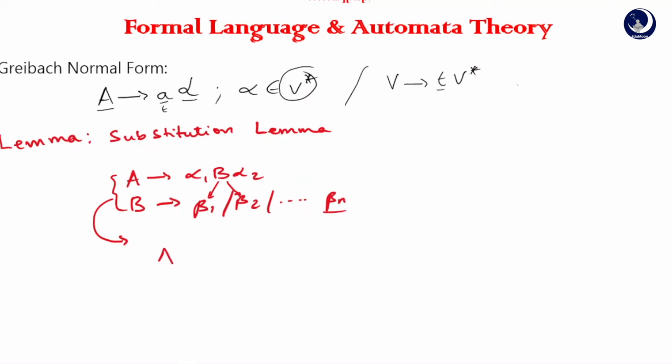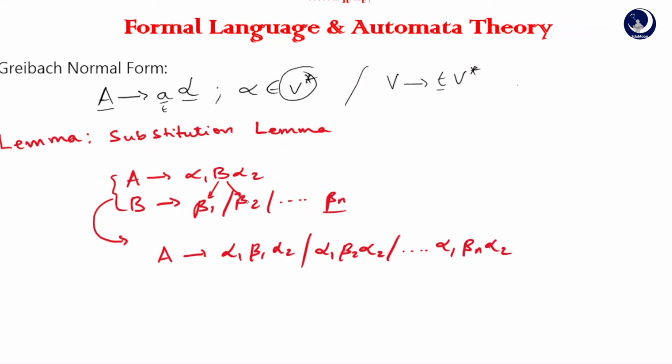So the production will be A tends to alpha 1 beta 1 alpha 2. We substituted the first beta, next alpha 1 beta 2 alpha 2 and so on. If you substitute all the n values, it will be alpha 1 beta n alpha 2.